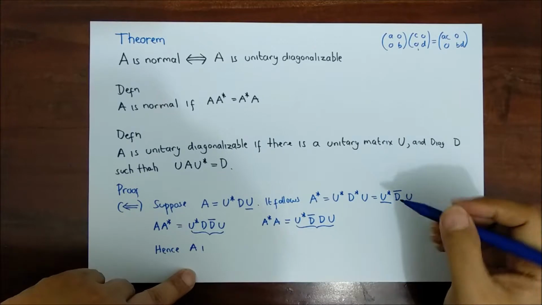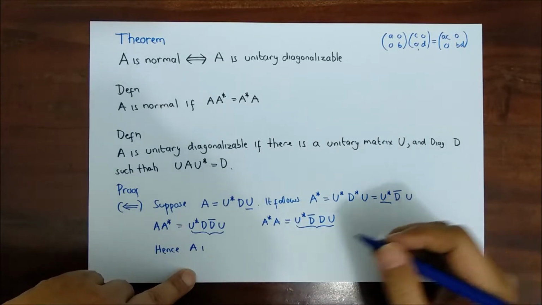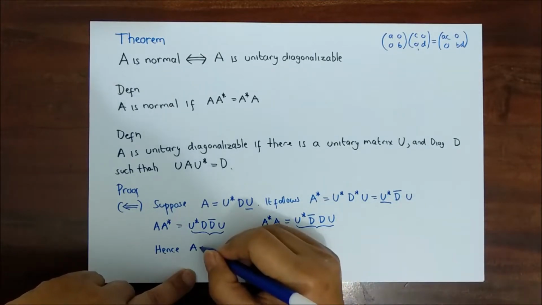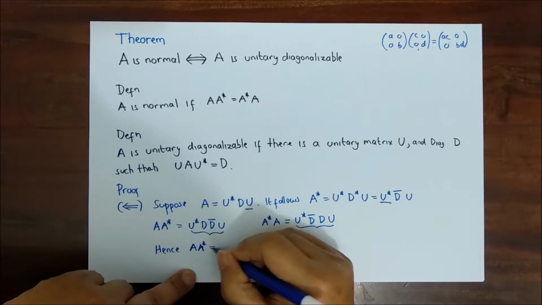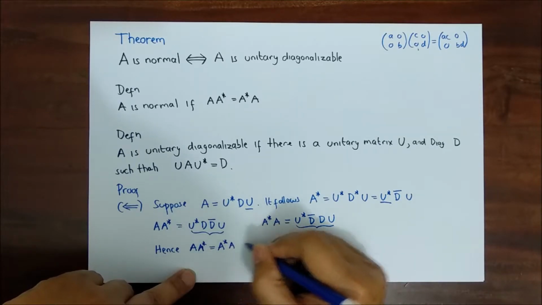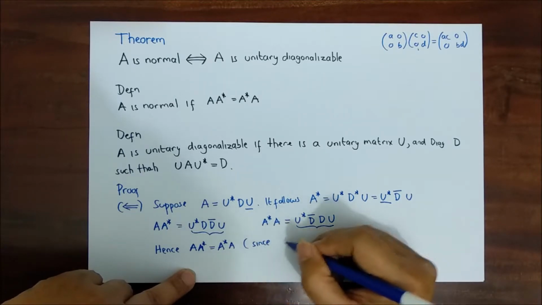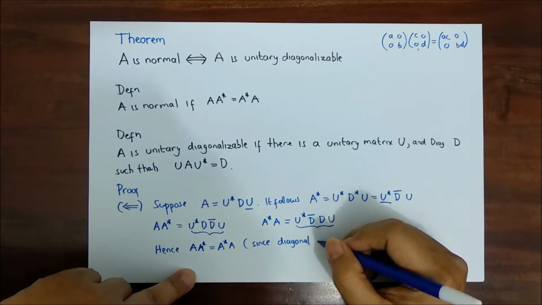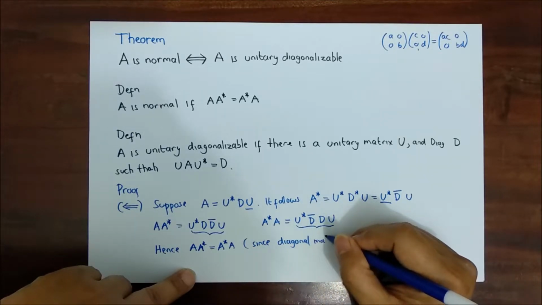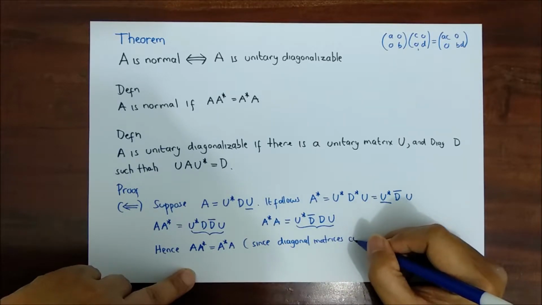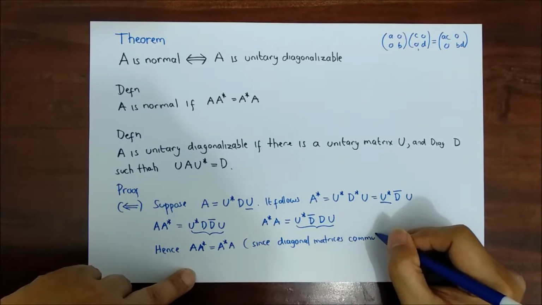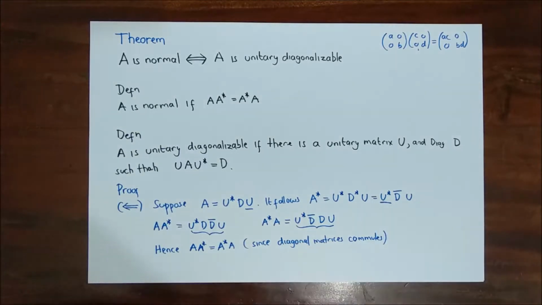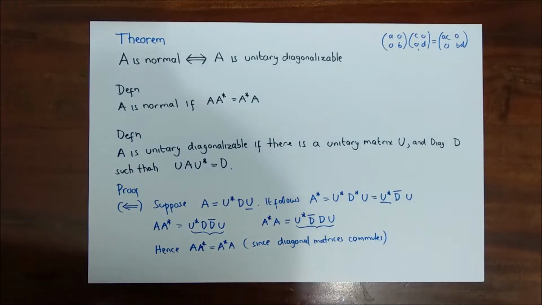So D D bar is equal to D bar D. Hence A times A star is equal to A star times A, since diagonal matrices commute when we multiply any two diagonal matrices, so we can multiply in any order we want.